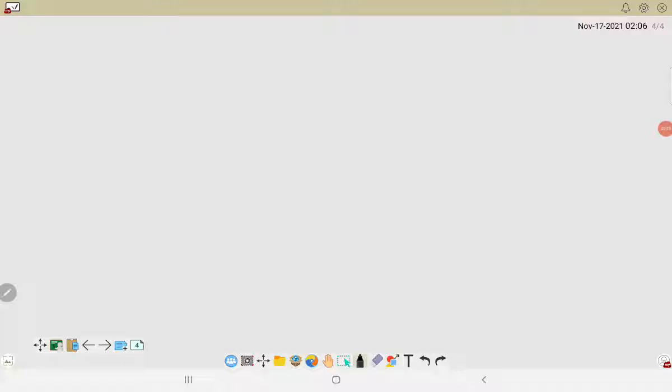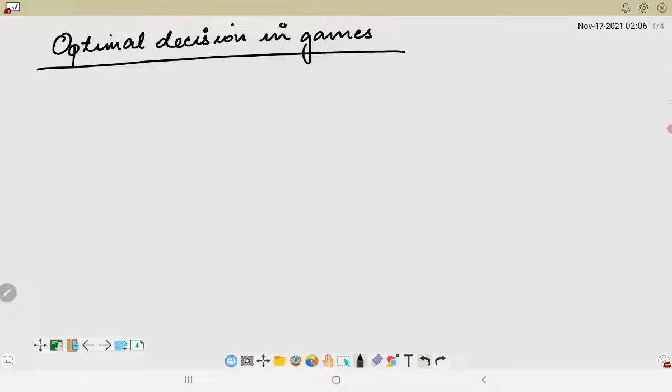Now we will move ahead with the next important concept related to games, that means the optimal decision in games. This optimal decision in games will have a very key role in discussing today's topic, because we will be discussing two important algorithms related to adversarial search or game playing, which are the Minimax algorithm and alpha beta pruning.